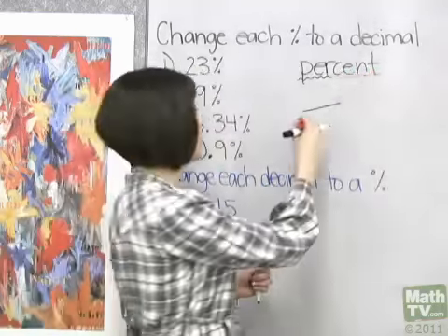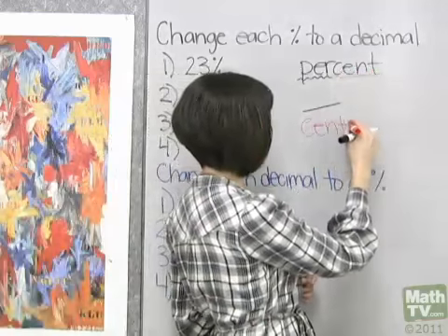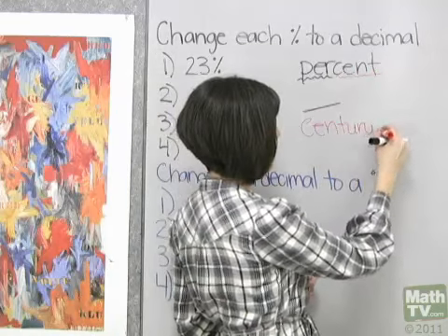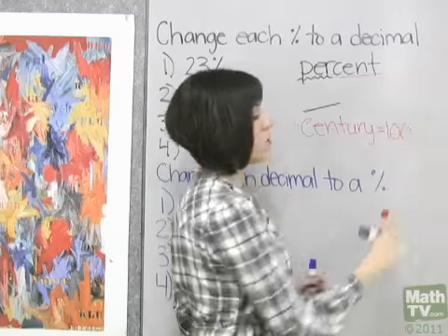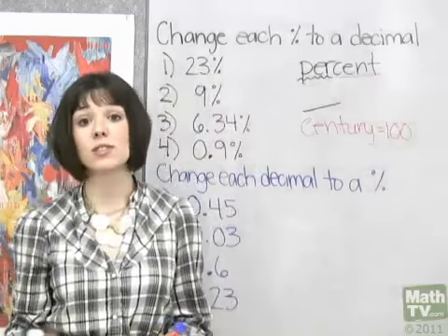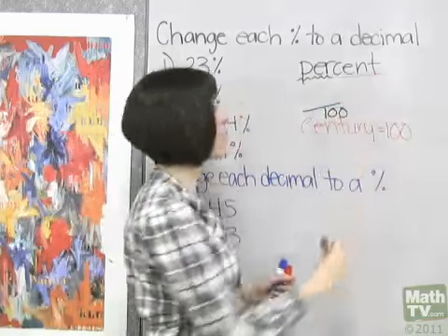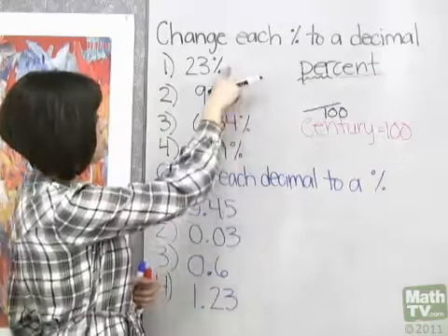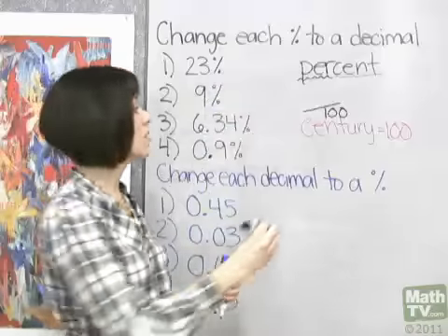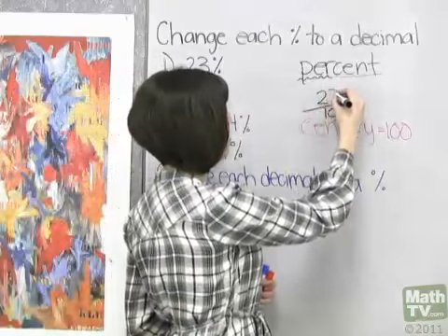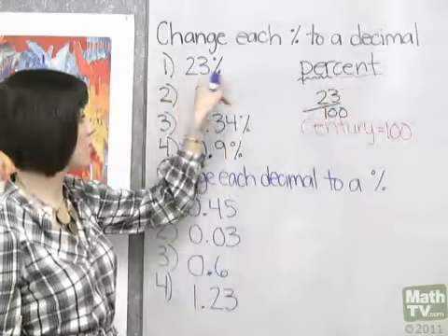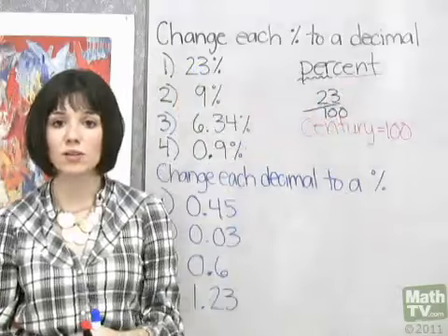For example, century means 100 years. Or if you think about 100 cents, so this means per 100. So what you want to do with each of these numbers, you want to divide them by 100. So for the first one, it would be 23 divided by 100.